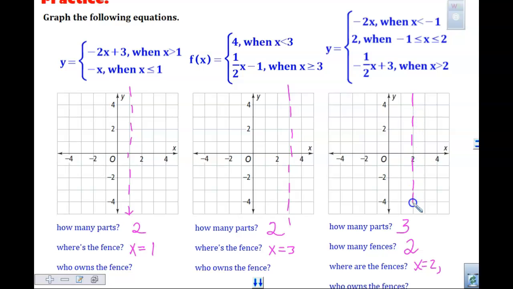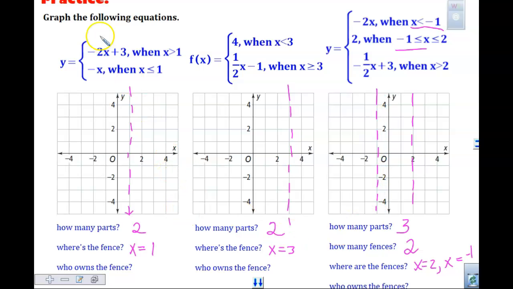There's one of them at x equals 2. Where's the other fence? What's the other x that they tell us is a limit? Negative what? Careful. These are my fences back here. x equals negative 1. Right? Is that making sense to everyone? Kind of when you're thinking of these are my regions.